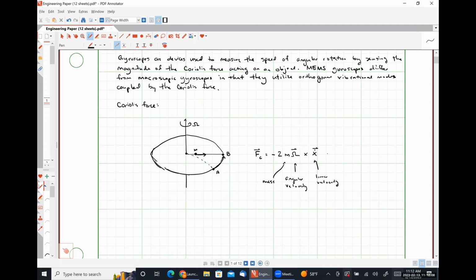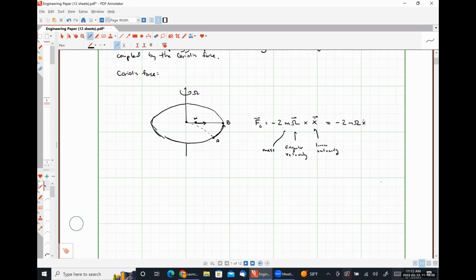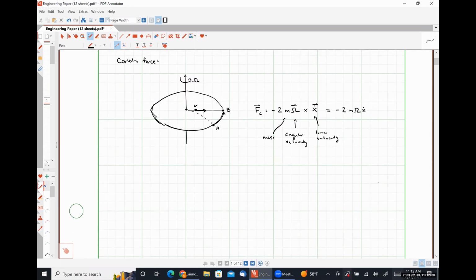And so in most cases, this is going to be negative 2 m omega x dot, where we have to pay attention to our directions to figure out what direction that force is acting on. Okay, so let's briefly work a mathematical example here, right?